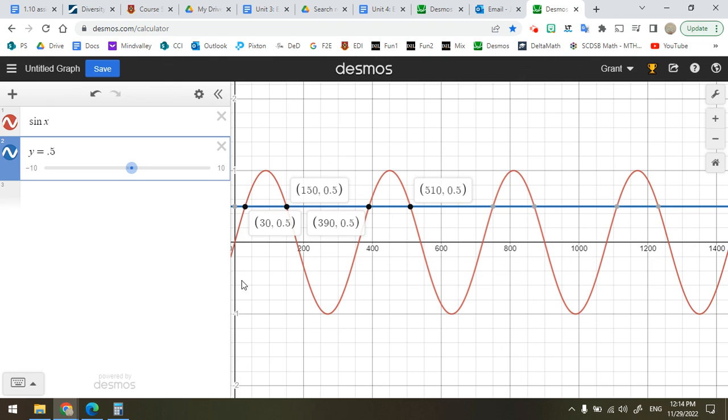When you're rising, you're going through the first quadrant. When it's descending, it's going through the second quadrant. So this is the second quadrant the second time, after we've gone around the circle once. This would be 720 plus 30, that's 750. That would be plus another 360, so that's going to be 1,110.